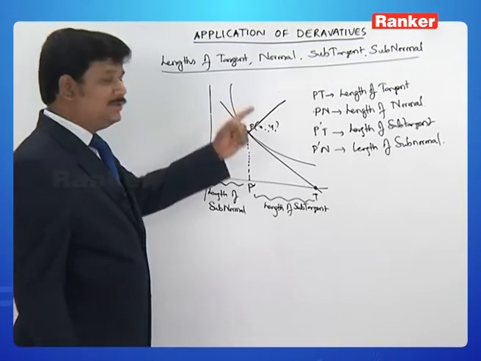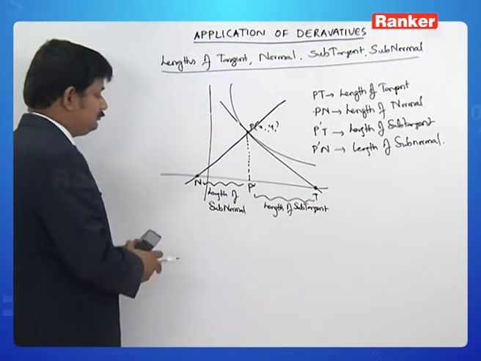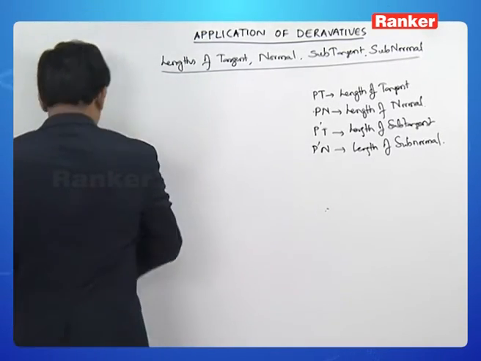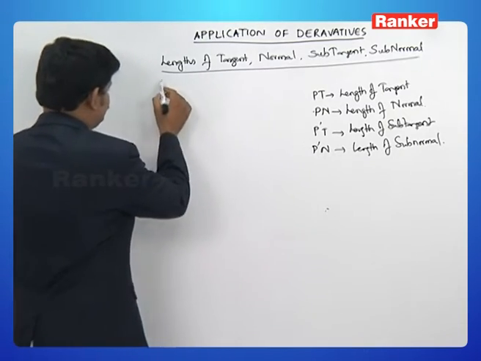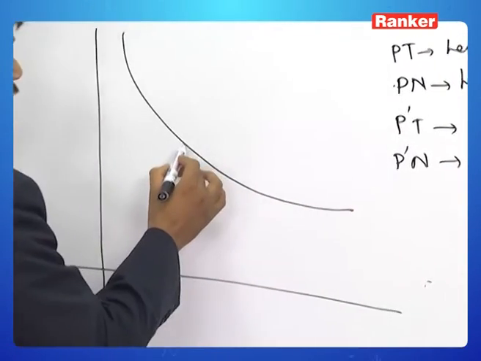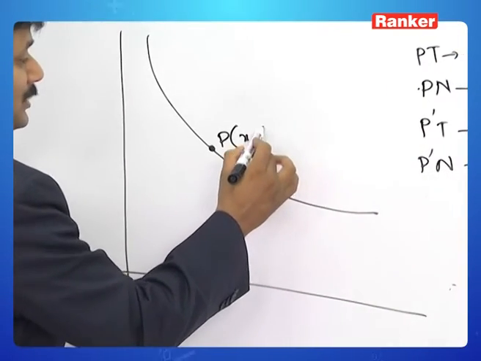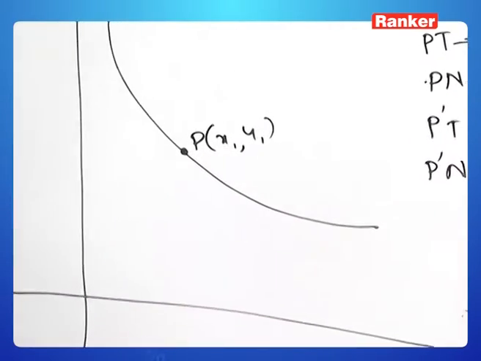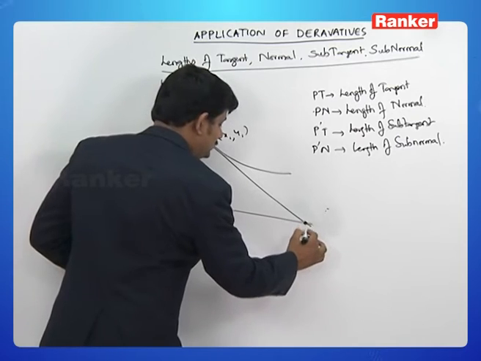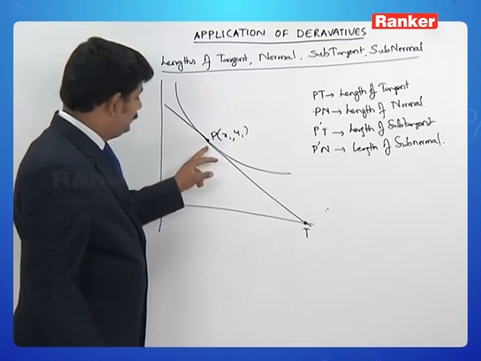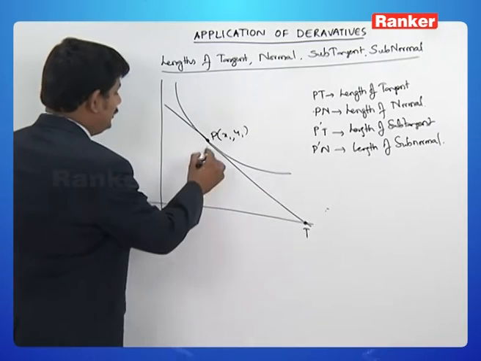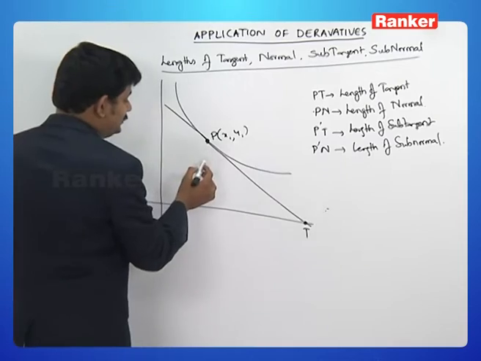Let's revise all these terms once again. For any curve, if our discussion is at the point P x1 comma y1, let us draw tangent at P to cut x-axis at T. The length PT is called length of the tangent.